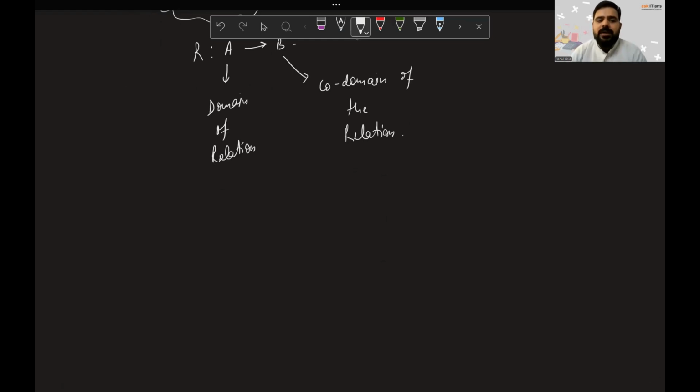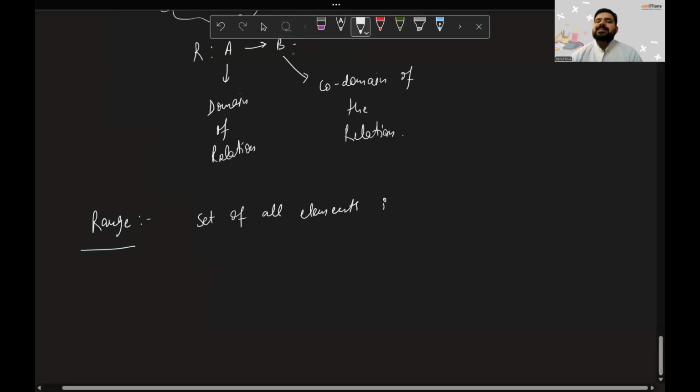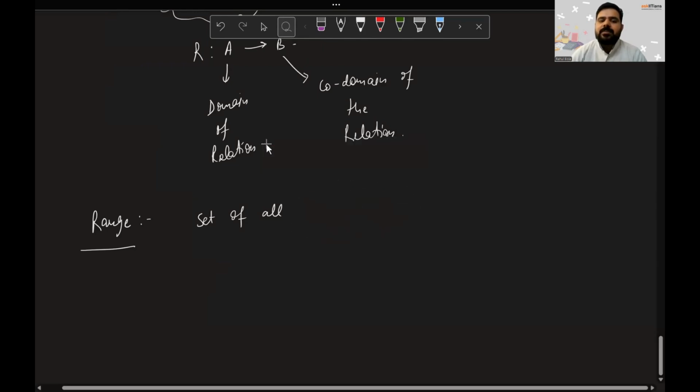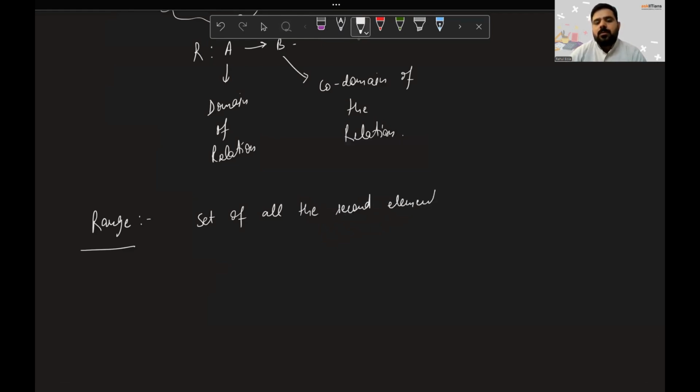Right. Next we'll be having is range. We need to define what range is. Range is going to be the set of all the second elements in the ordered pair.